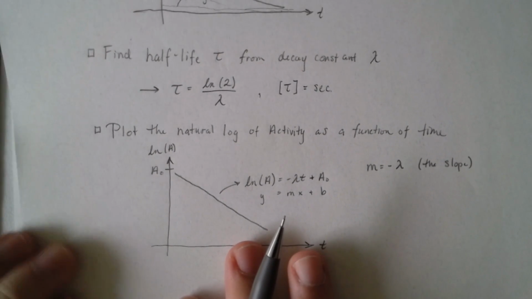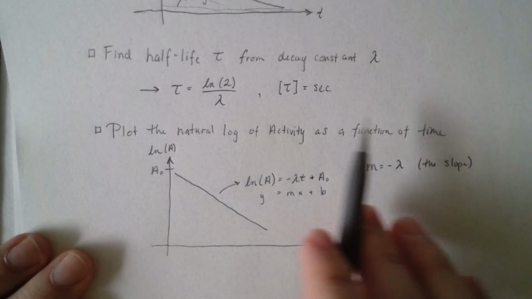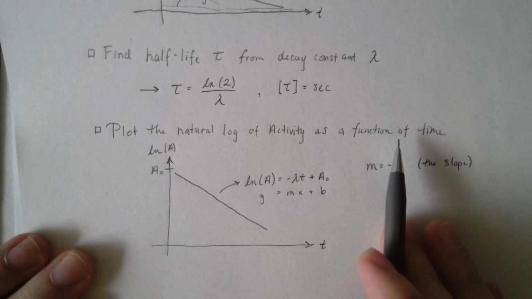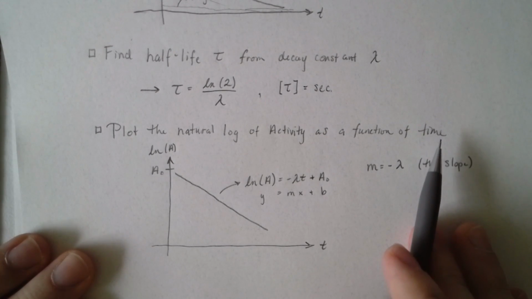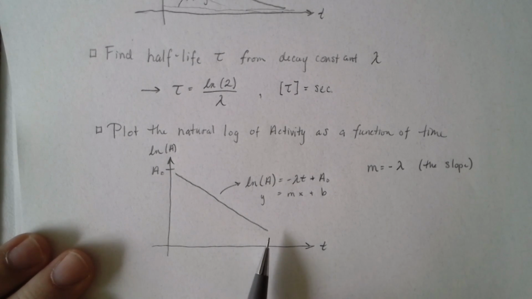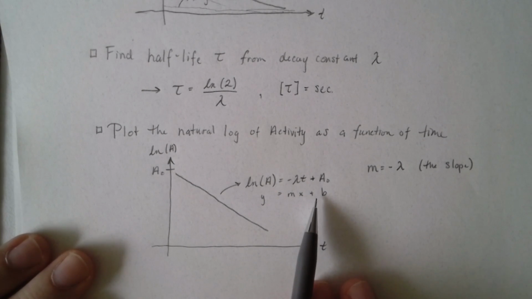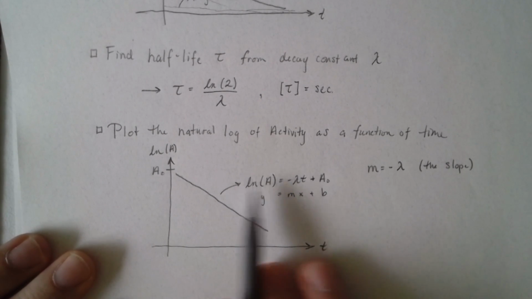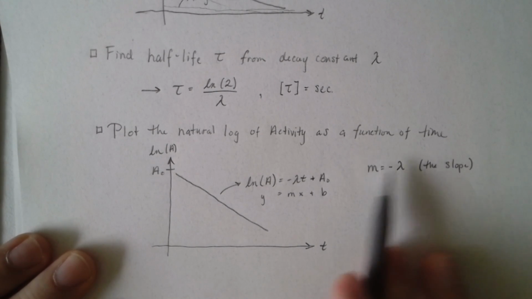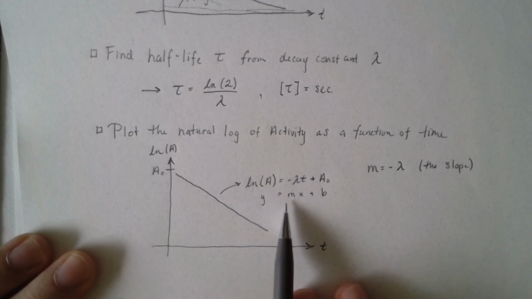The one thing that I'll have you do in the worksheet itself is make sure that you plot the natural log of the activity as a function of time. When we do that, we'll actually find that the graph should be linear in time, and it should give us a linear trend line from which we can extract the decay constant. In this case, the slope m.